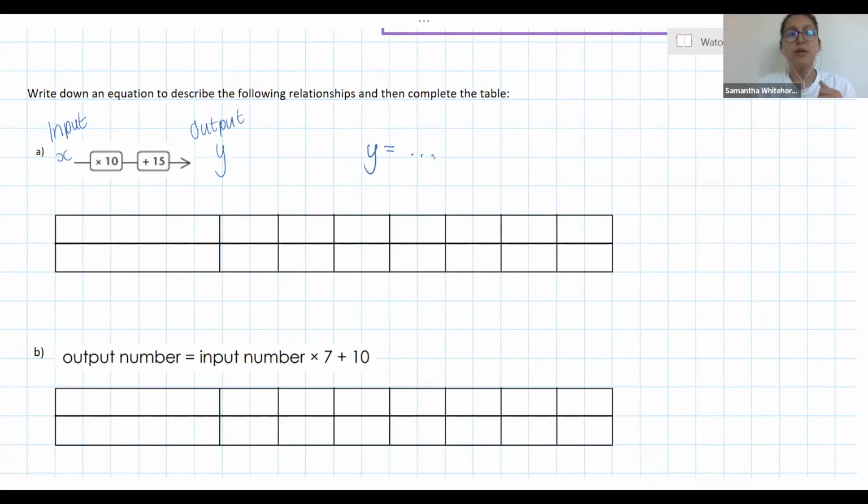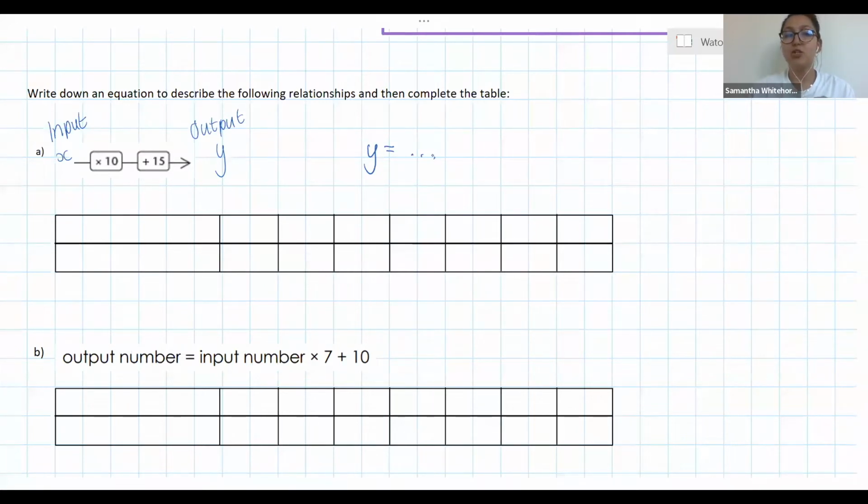Right, I've asked you to write down an equation to describe the following relationship, and we're going to complete the table. Let's look at this flow diagram. It says I'm going to take my input number, multiply it by 10, and then add 15. You can put it in the chat, or you're welcome to raise your hand to answer questions.